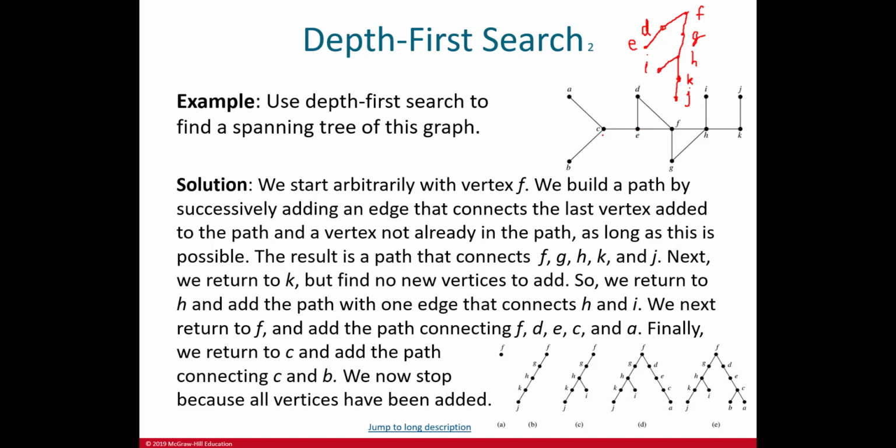From E I can go to C, so we cover C here, and then from C I can cover both the remaining vertices, which are A and B, and I think that's all. At this point we have covered all the vertices of the graph without the edges creating a cycle. So this is how the tree is generated by doing depth first search.